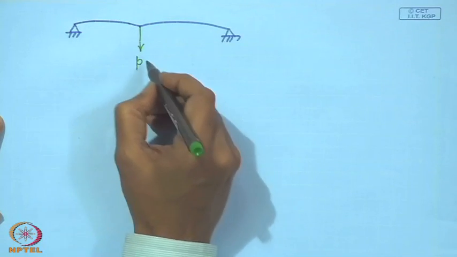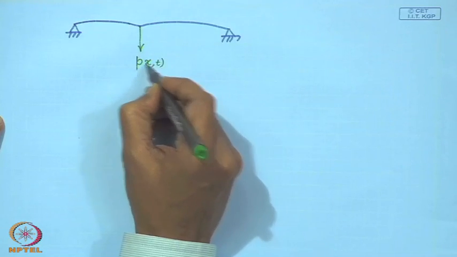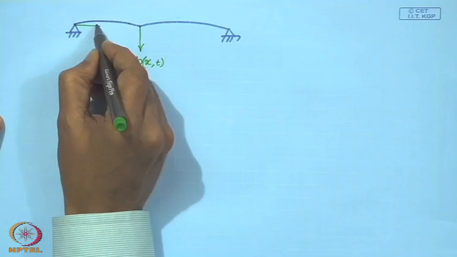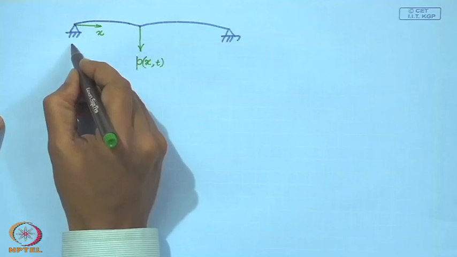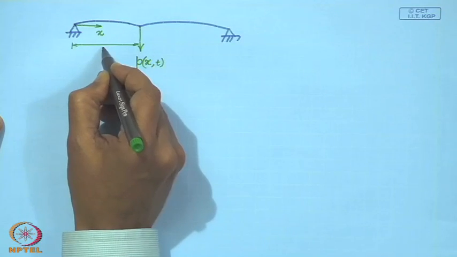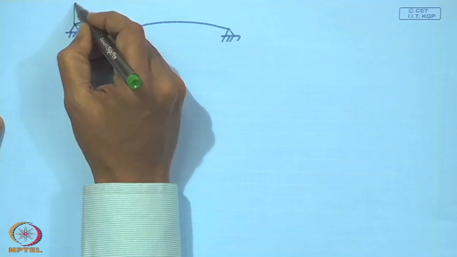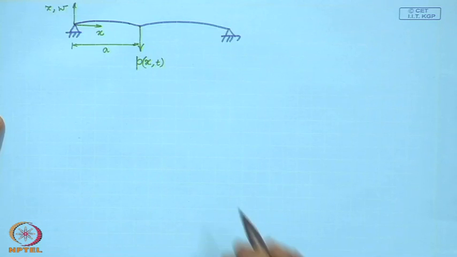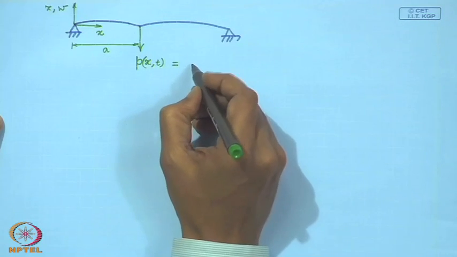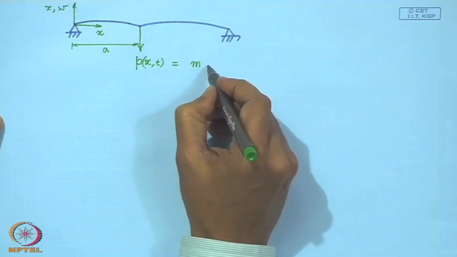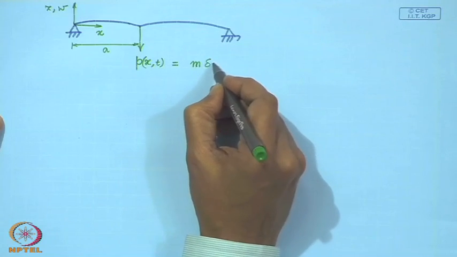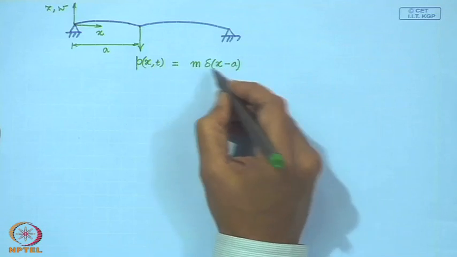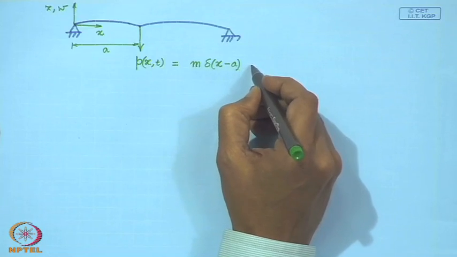So, now I will represent this force distribution on this string as the mass times the Dirac delta distribution at x equal to a.